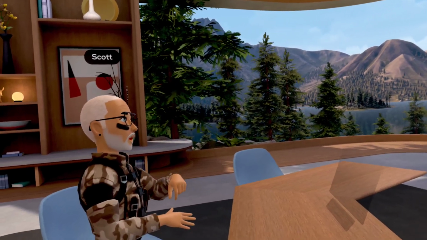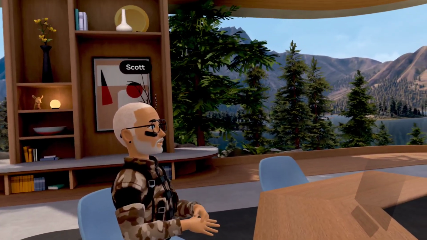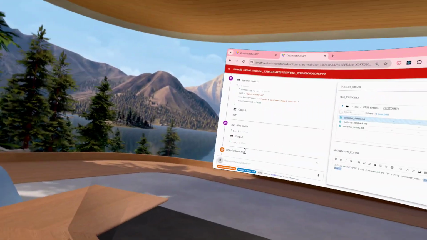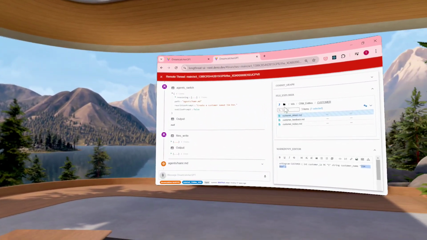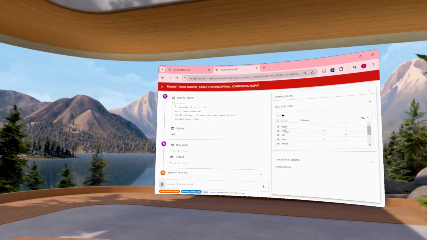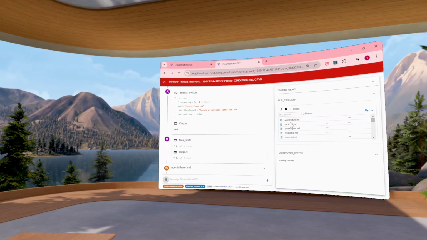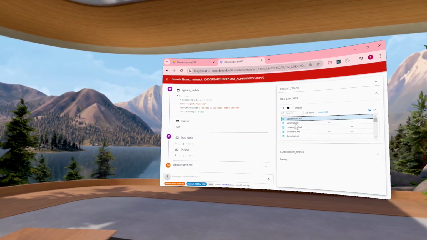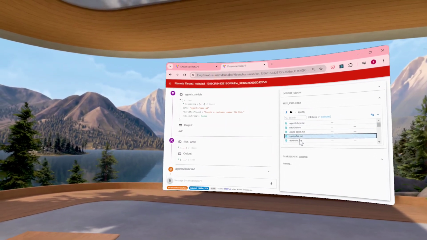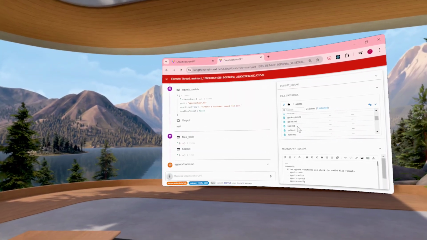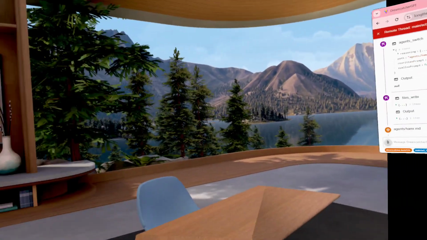Okay, so can you show me where in the file system the Hammer router lives? I guess what would happen is that these agents exist in the HAL repo. So in the Hammer repo, these would be either deleted or renamed, and they would be an independent set of agents that made up Hammer.